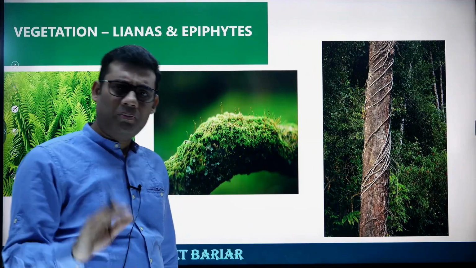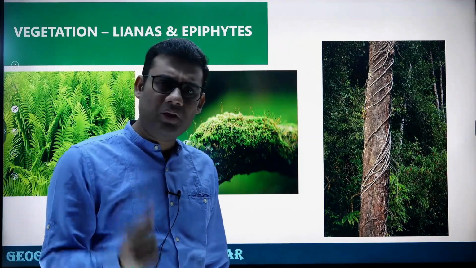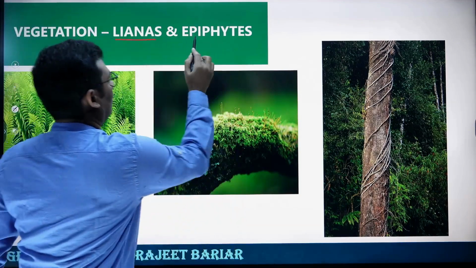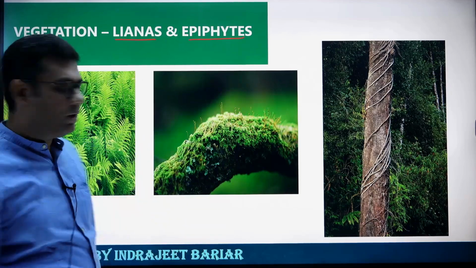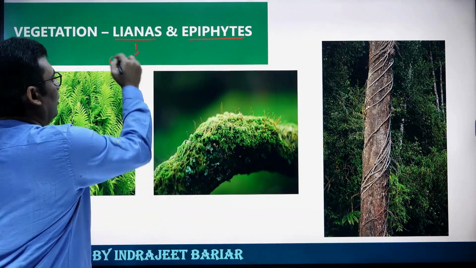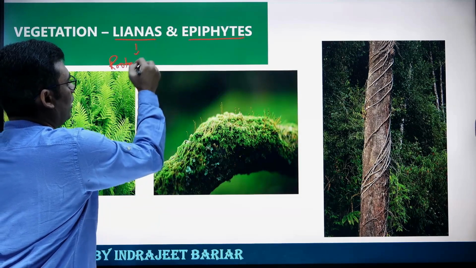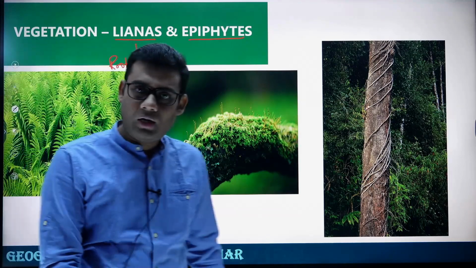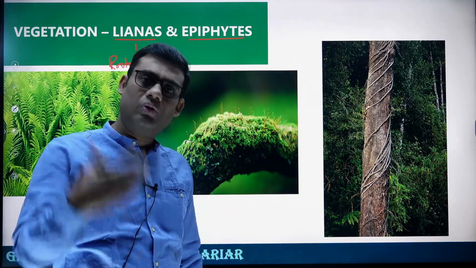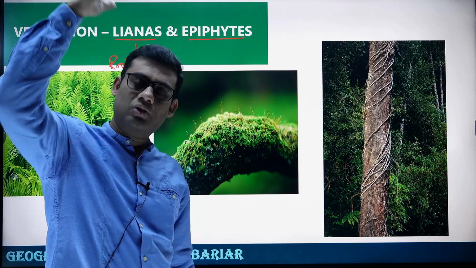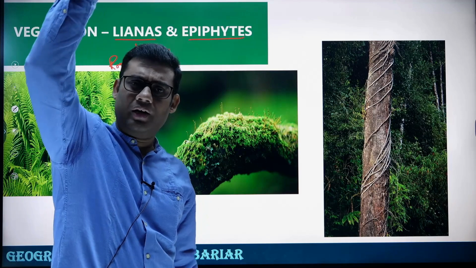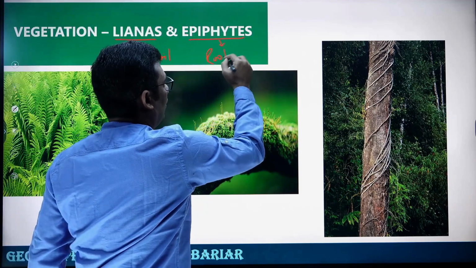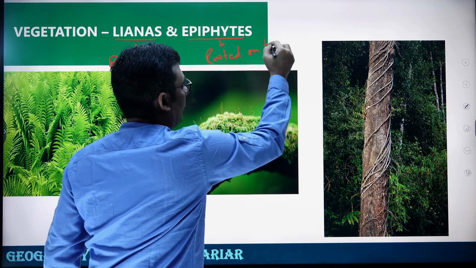Lianas and epiphytes are both climbers, but the difference between them is that lianas are rooted in soil. They take the support of a plant to reach a higher height up to the sunlight. On the other hand, epiphytes are rooted on trees only.